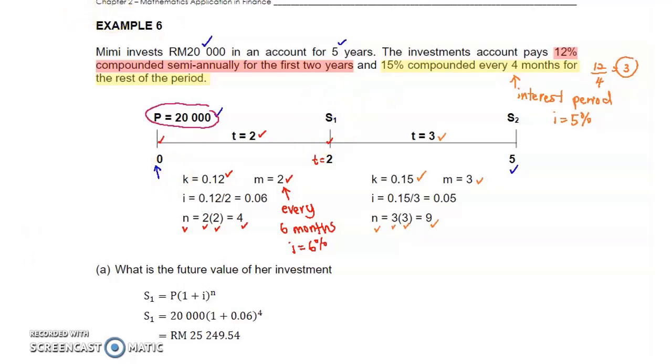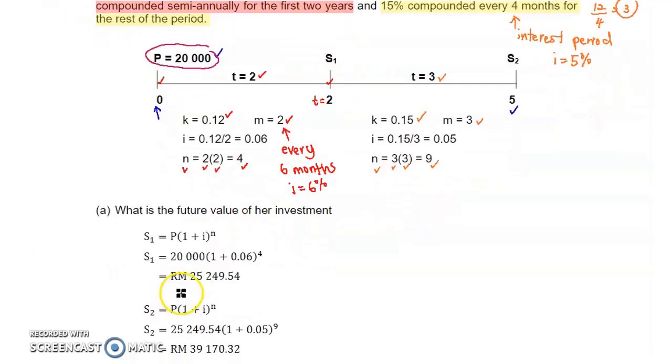Okay, look at question A. What is the future value of her investment? It means the investment period is 5 years, right? So we want to know at the end of 5 years what is value S, the accumulated amount or the future value or the compound amount. Now within 5 years, we have two different rates: 12%, and after 2 years it changes to 15%.